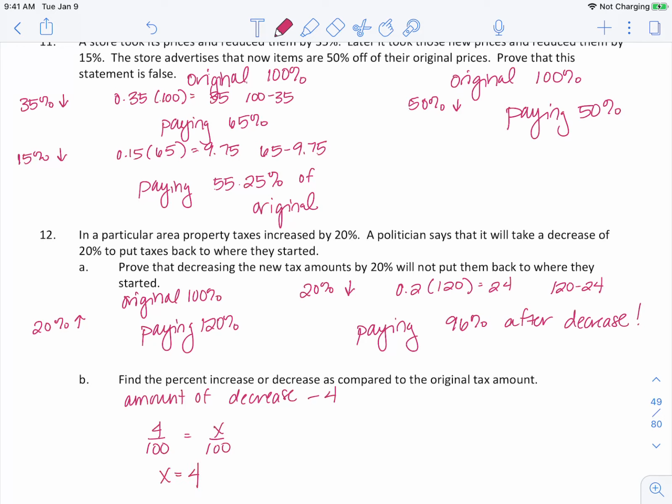Now we are dealing with percents here, so you could also just see that paying 96% is just a 4% decrease. That's fine. You do not need to show the work. I'm just showing it here so you have it for an example if it's for one that's not working with percents. So again, this is a 4% decrease compared to the original.